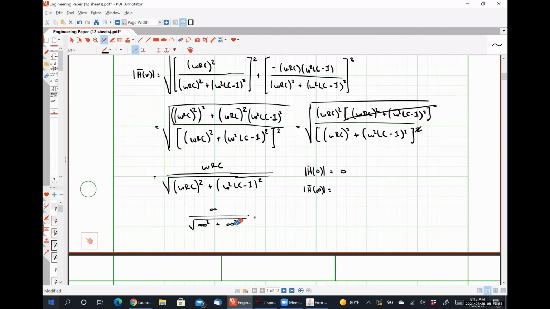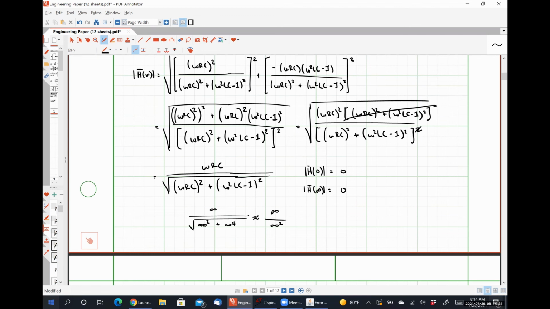The mistake that I made, we have omega squared squared, so this should be infinity to the 4th power. Okay. So that means we're going to have infinity over infinity squared, approximately infinity over infinity squared, which should roughly look like 0 at very, very large frequencies.